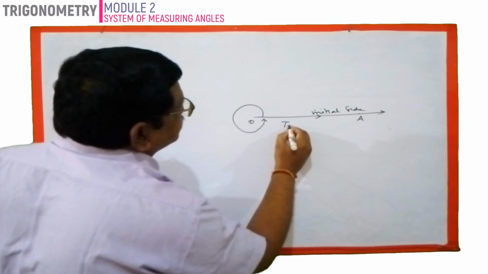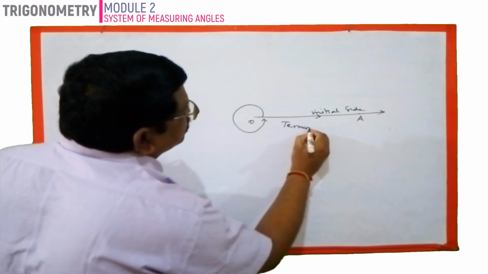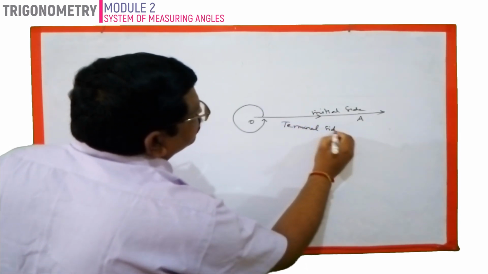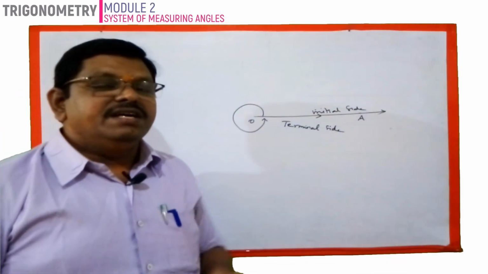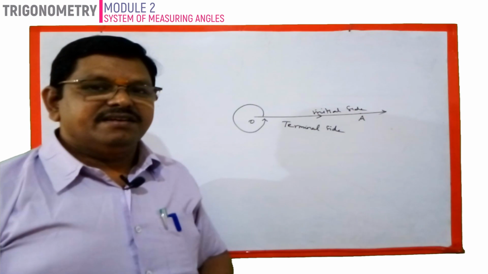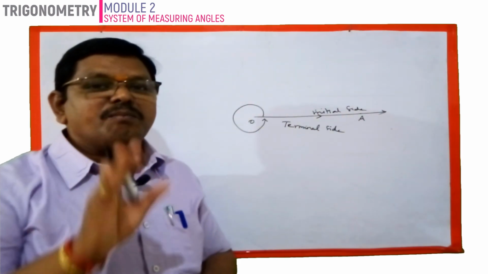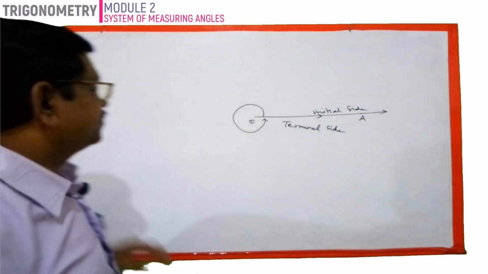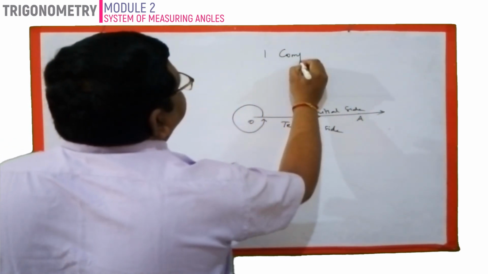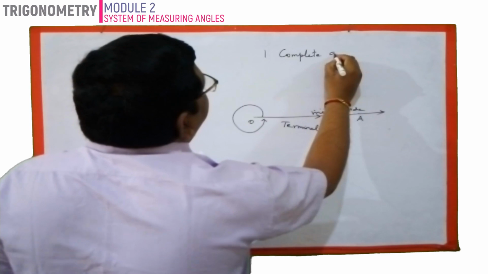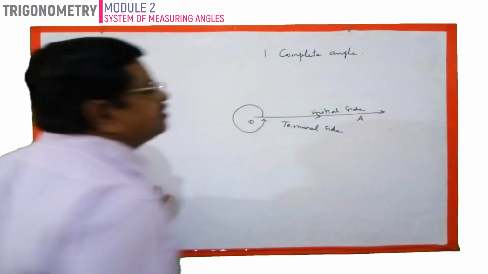The terminal side is also placed on the initial side. That means it makes one complete rotation. This one complete rotation in general we call a complete angle, one complete angle.